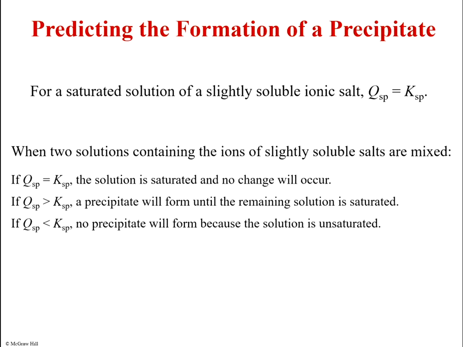If QSP is greater than KSP, that means we have a supersaturated solution, and typically the precipitate will form until the remaining solution falls back down to the saturation value. That's called crashing out of solution or precipitation. If, however, QSP is less than KSP, there'll be no precipitate present because the solution is unsaturated. The ion concentrations are below the saturation limit.